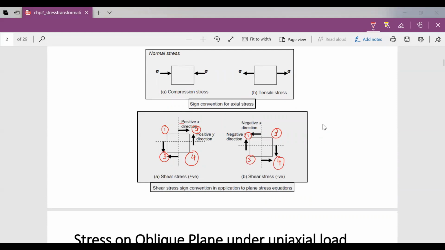So the positive signs are always at 2 and 3, and the negative shear stress is always at 1 and 4. How can we identify a positive or negative direction? Basically, we get this information by coordinates. We follow the x coordinate for the accurate value, so we can identify the positive or the negative.